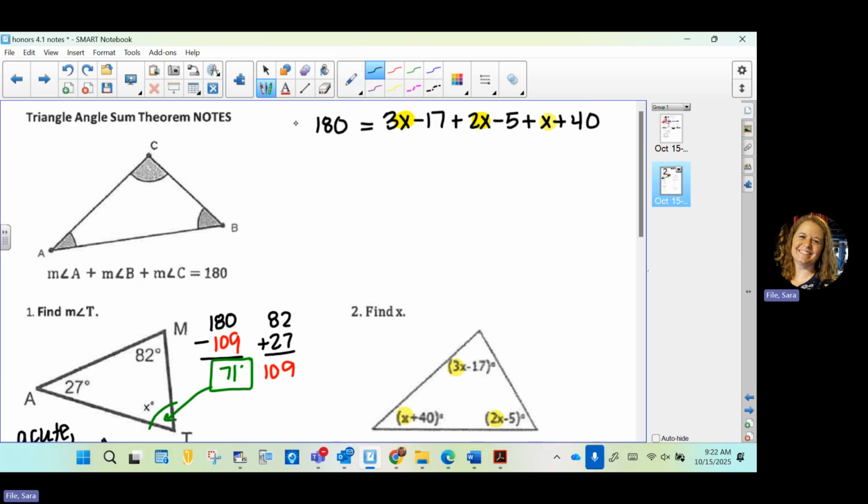So I've got 6x. Okay, and then I'm going to combine, oops, not a crayon, a highlighter. Then I'm going to combine my constants. Okay, so I've got -17, -5, and +40. So I've got a positive what? Positive 18.